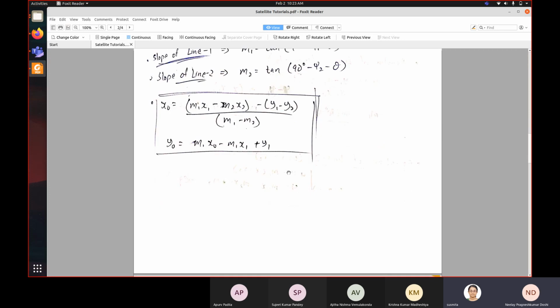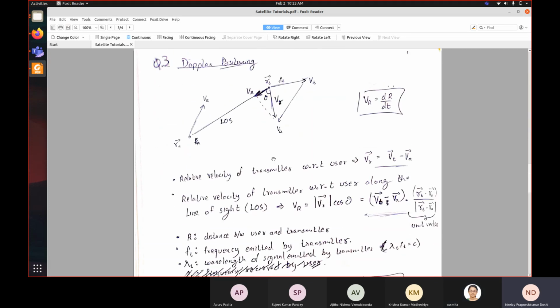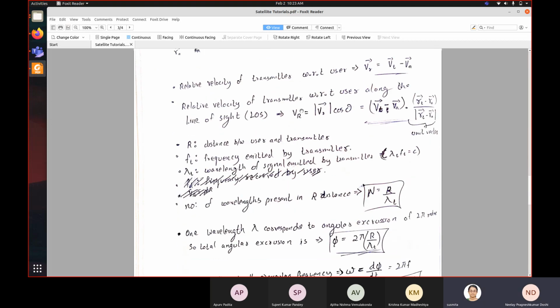Okay, next. Okay, ma'am. For Doppler positioning, we have the user and... So VR, I understand. After that, what did you do? After that, wavelength N is equal to r by lambda. If the distance is r, then the number of wavelengths is r by lambda.